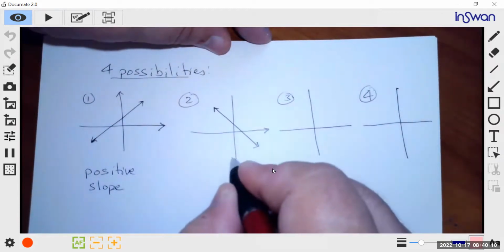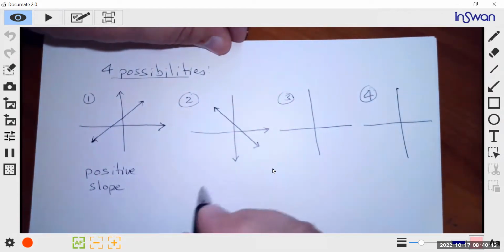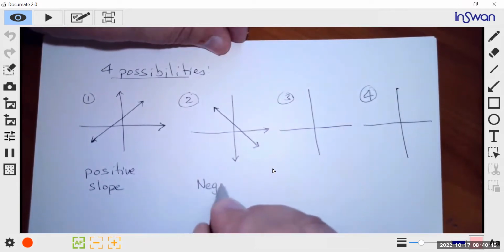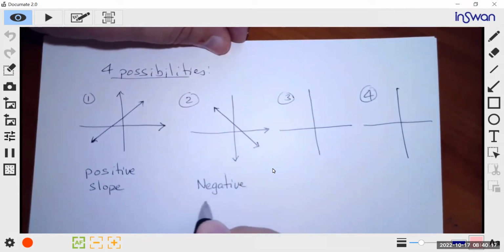As x gets bigger, y goes down. That's what we call a negative slope.